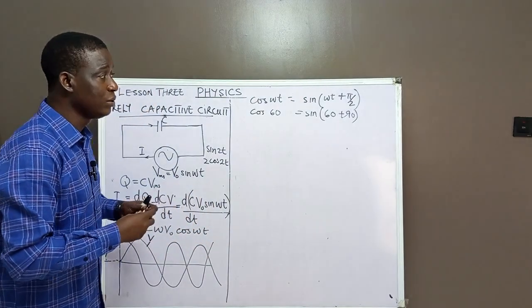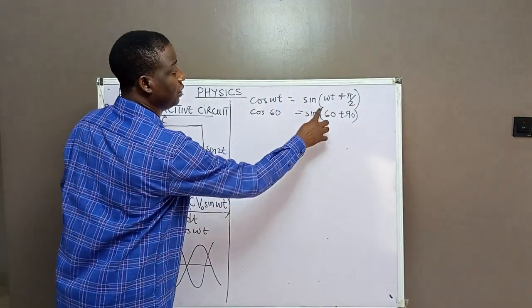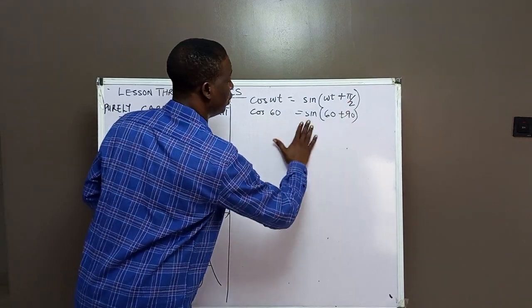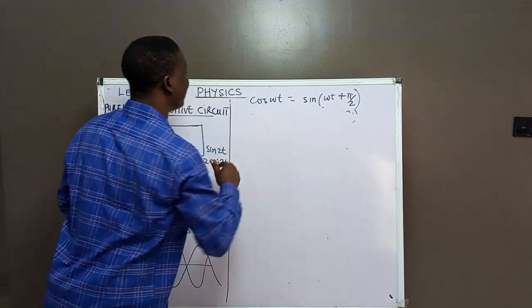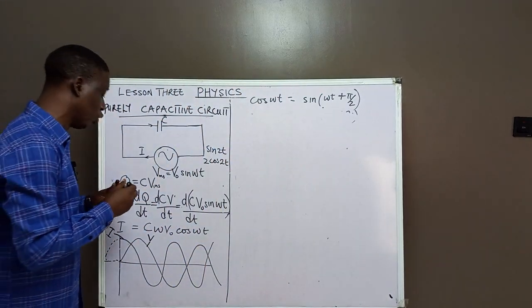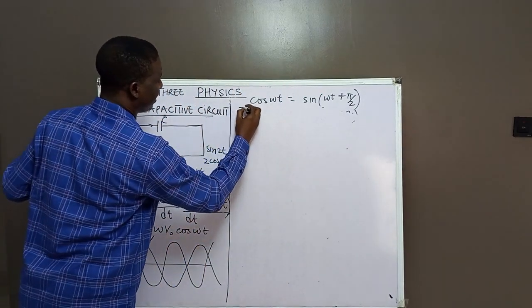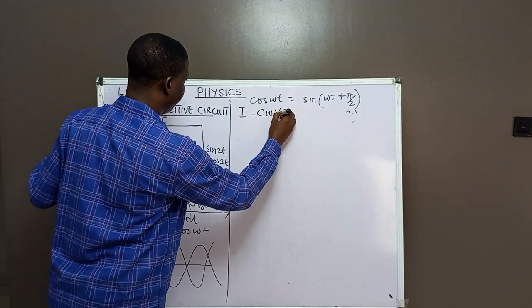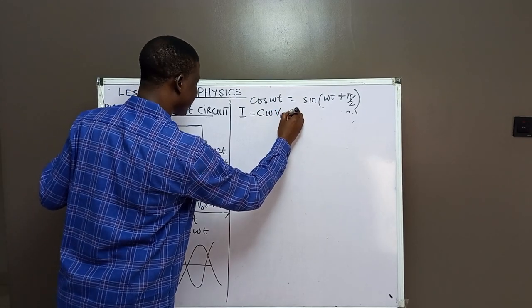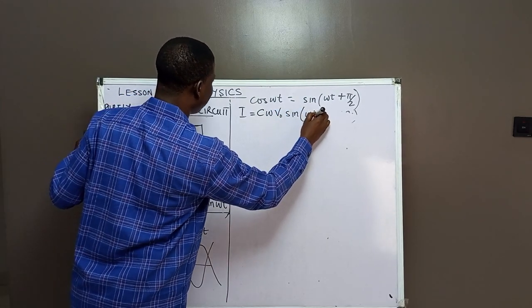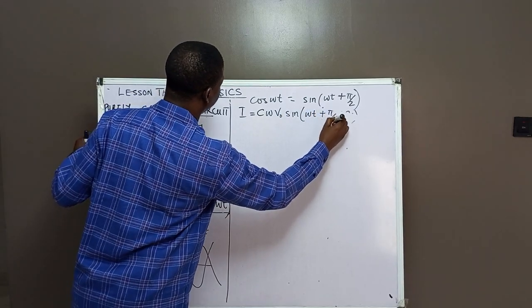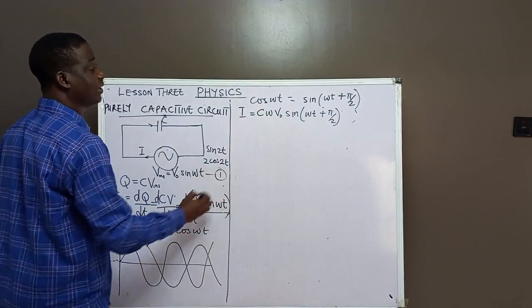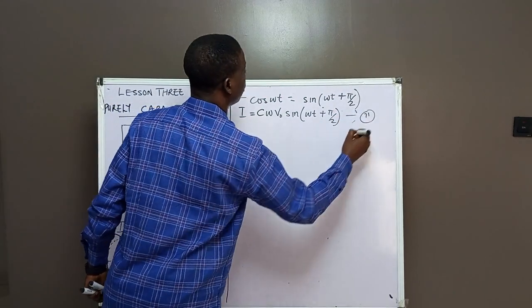So 60 is your wt, and 90 degrees is pi over 2. That is to say that the current I can be written as C w V naught sine of omega t plus pi over 2.